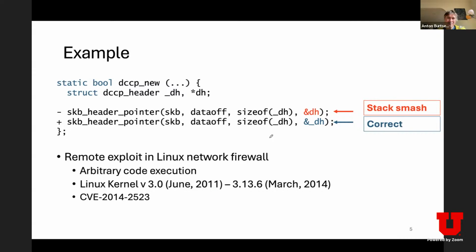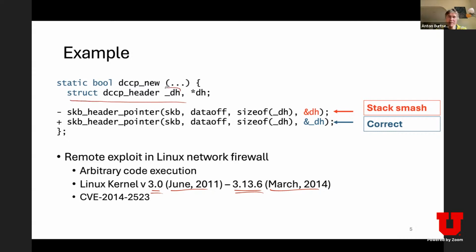This is a very simple vulnerability which existed in the Linux kernel from June 2011 to March 2019, so essentially from kernel version 3.0 to 3.13.6. And it's essentially a very simple human mistake. Here, there are two variables.